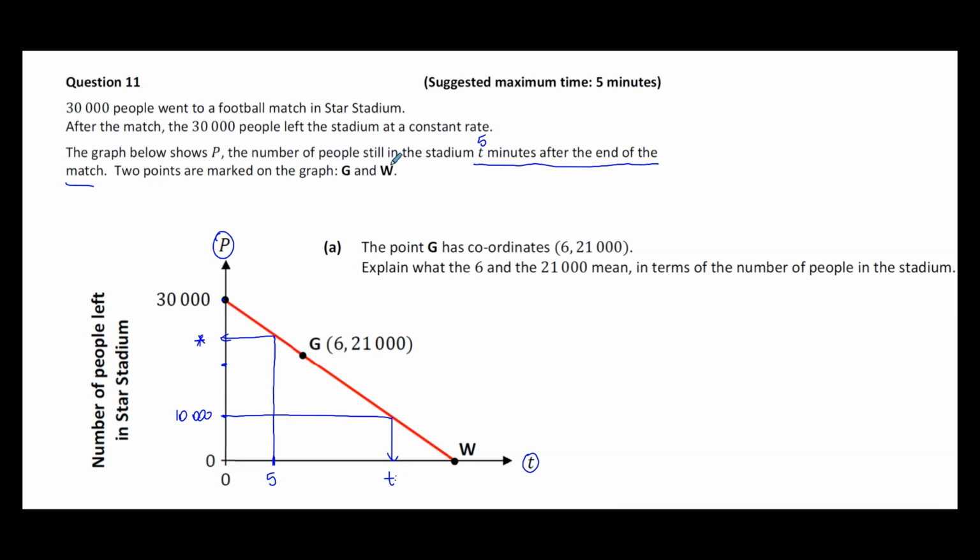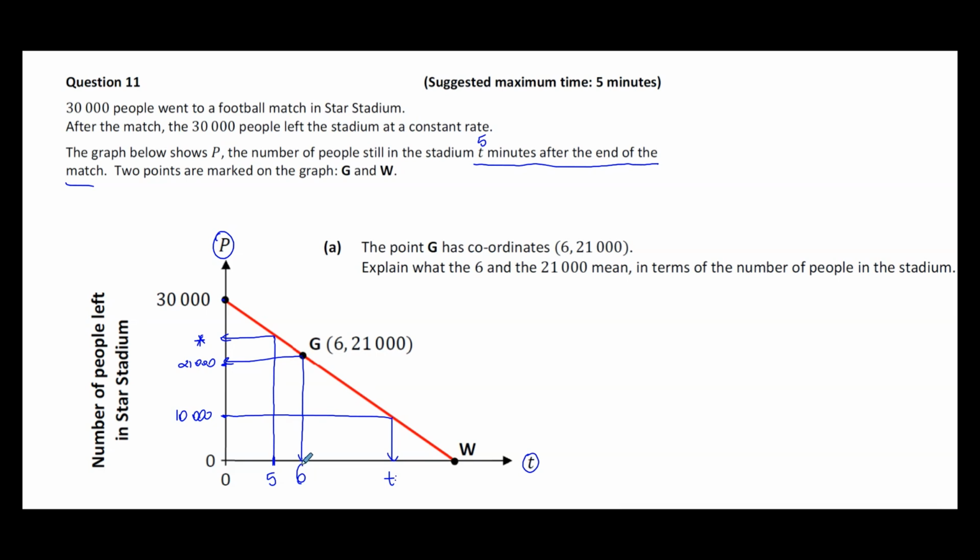The 2 points are marked on the graph, G and W. The point G has coordinates 6 and 21,000, and we have to explain what the 6 and 21,000 mean in terms of the number of people in the stadium. 6 means 6 minutes after the end of the match, and 21,000 means that 21,000 people were still left in the stadium.